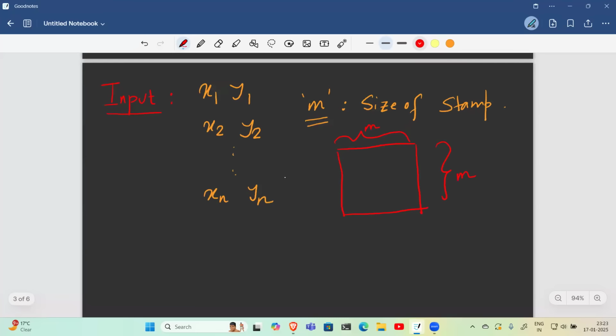Now what does the question say? These are basically the shift values. At every step, you shift the square by these margins, say x1 in the x direction and y1 in the y direction. You keep on shifting and you need to find the perimeter of the shape. Let me explain this. Suppose this is my coordinate system.